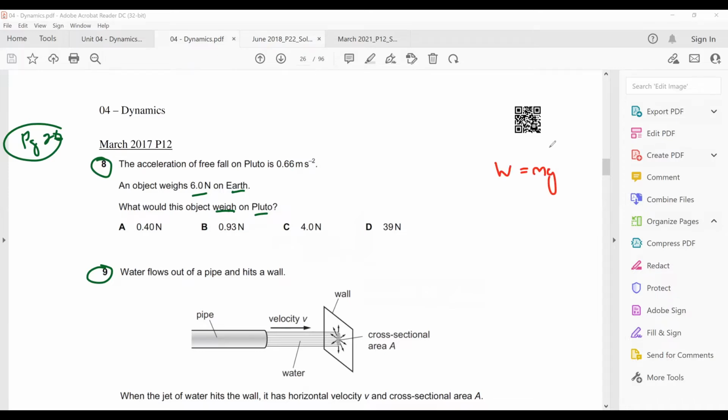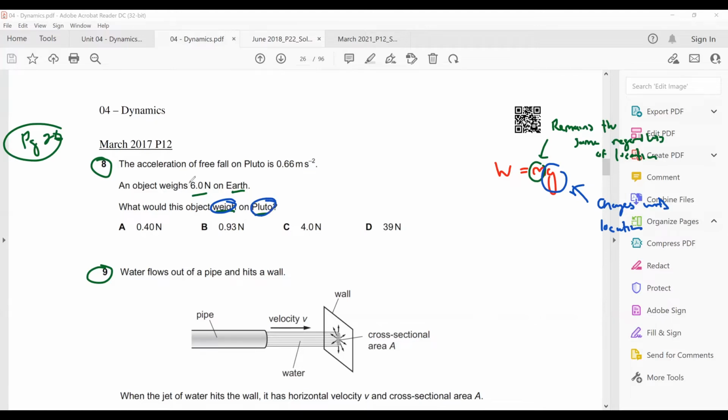What you do remember is that mass remains the same regardless of location, but g changes with location. So what they want now is the weight on Pluto.